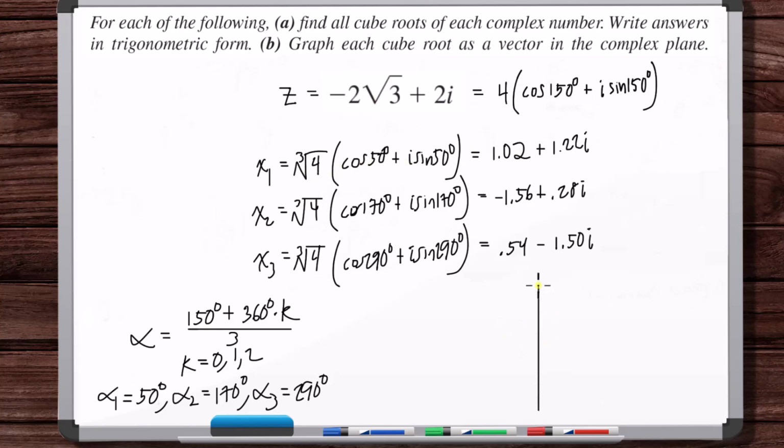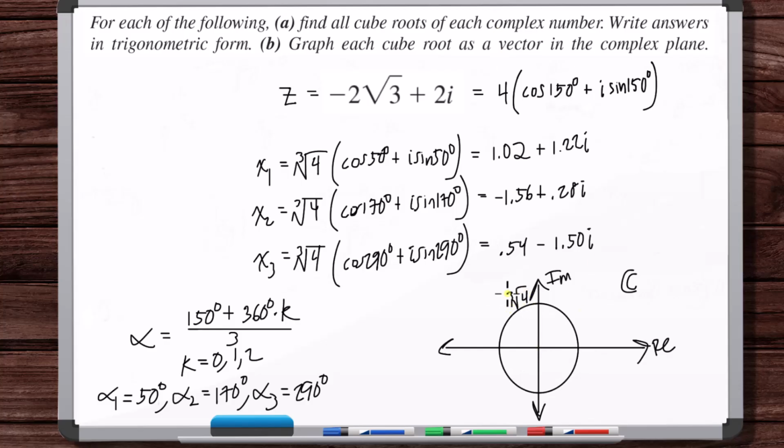So, okay, now let's graph these in the complex plane. Okay, they're all going to have the same radius of the principal third root of 4.